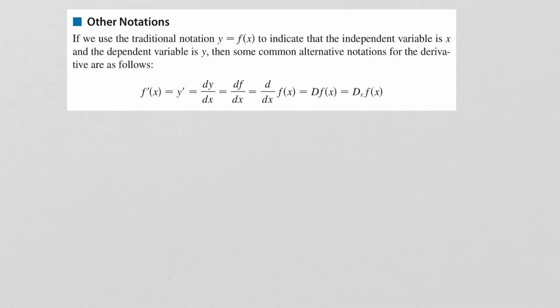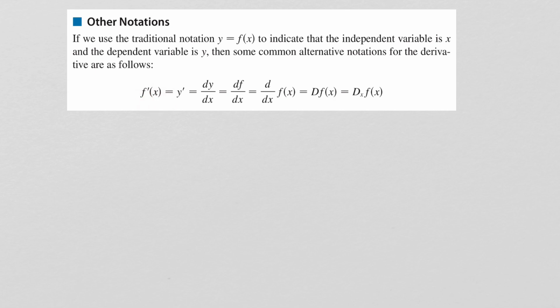Now let's take a look at some other notations for the derivative. So if we use the traditional notation y equals f of x, where x is the independent variable and y is the dependent variable, the most common notation we use for the derivative is f prime of x.